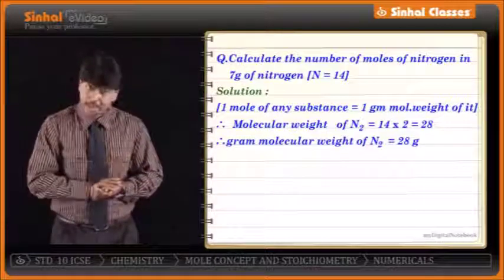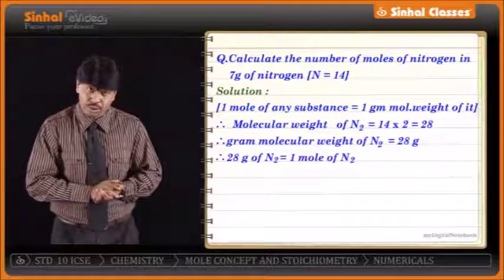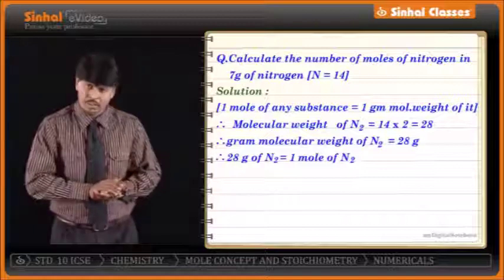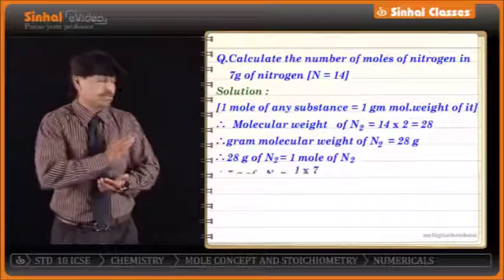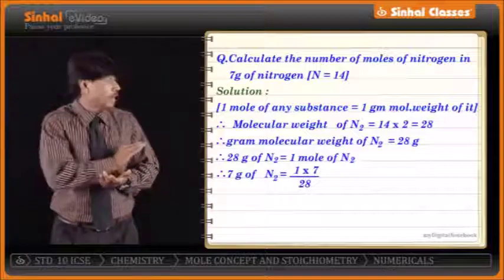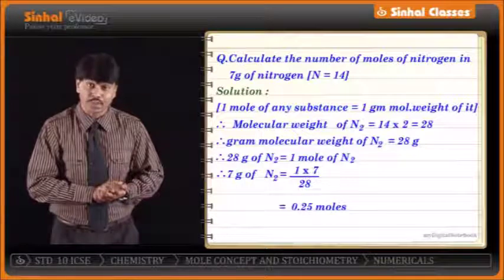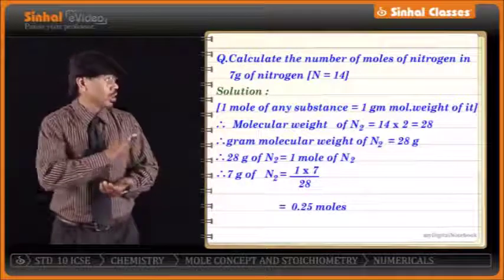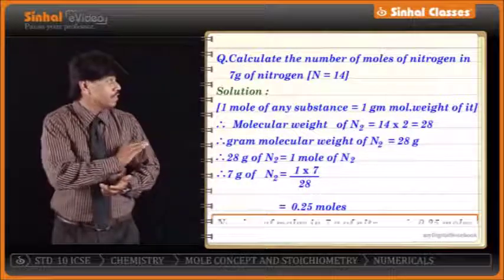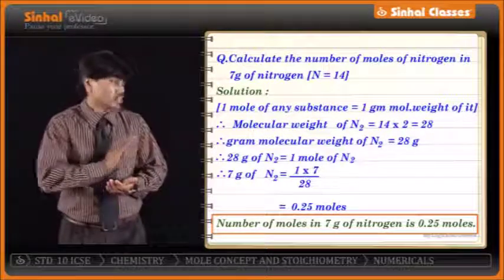Therefore, 7 grams of nitrogen will correspond to how many moles of nitrogen? Cross multiply it. What you will get is 1 × 7 divided by 28. The answer will be 0.25 moles. So the number of moles in 7 grams of nitrogen is 0.25 moles.